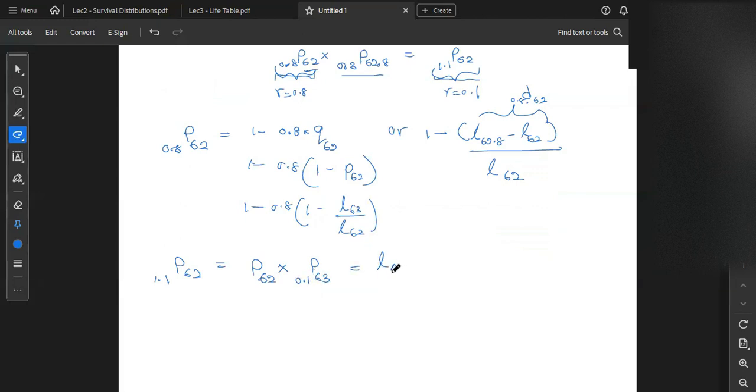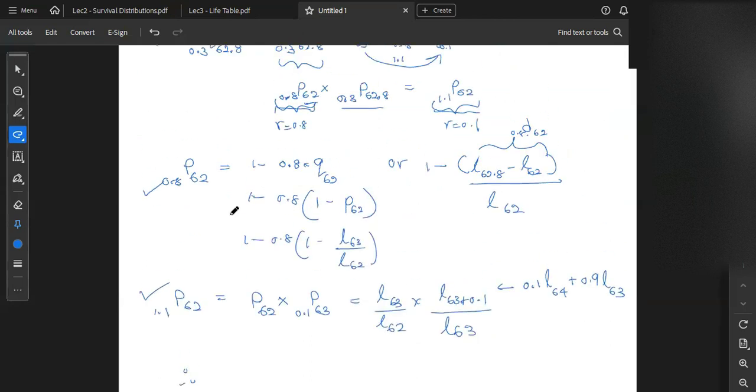So this is L63 over L62 times, since it is survival, L63 plus 0.1 divided by L63. And for this one, we can apply L64 times 0.1 and 0.9 times L63. So from the table, we can find this and this.